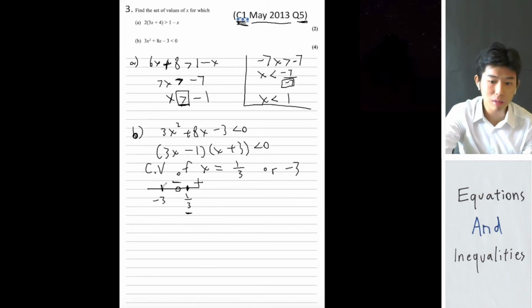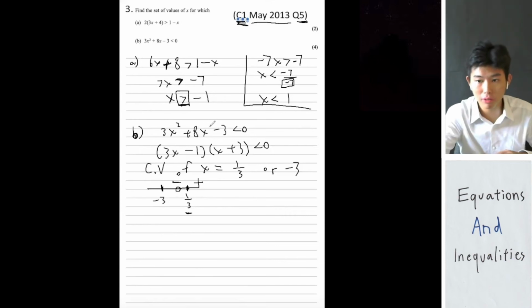And if I put in any number that is smaller than minus 3, let's say minus 5, minus 5 squared is 25. 25 times 3 is 75. And 8 times minus 5 is minus 40, so 75 minus 40 is 35, and 35 minus 3 is 32. So 32 is also a positive sign. So I will put positive here.